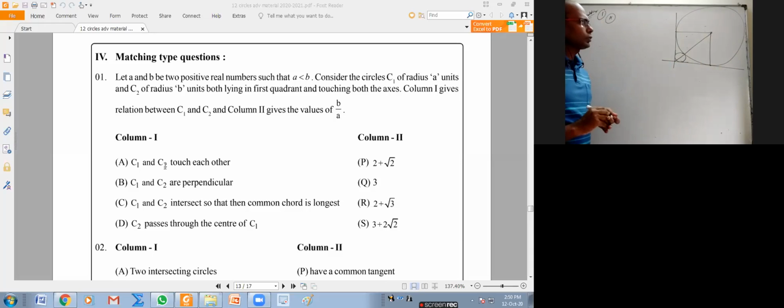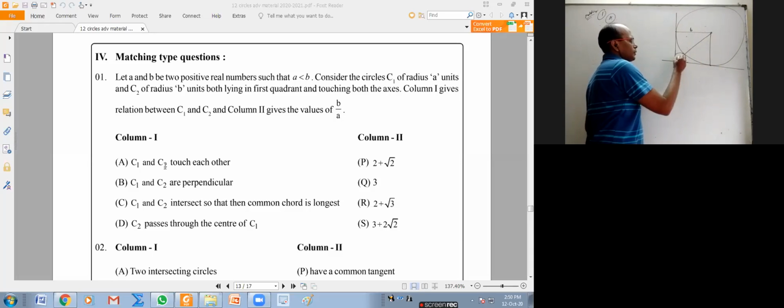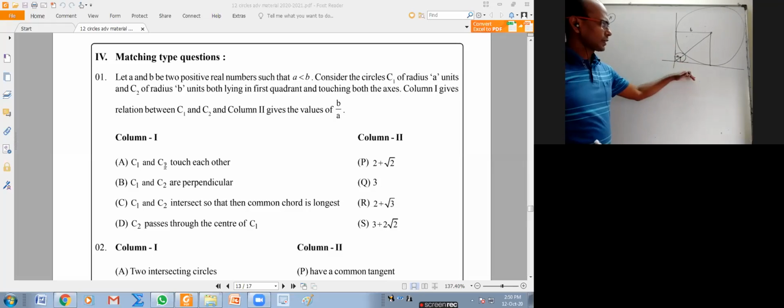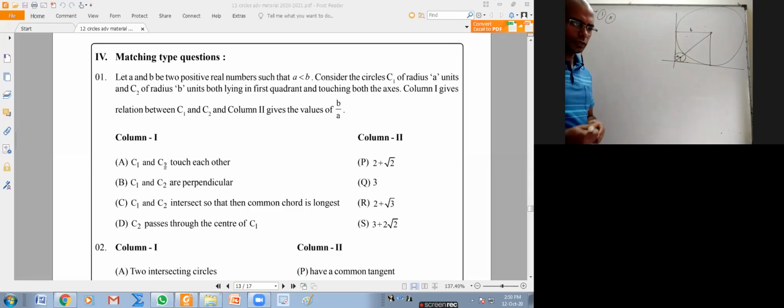So this circle is of radius B and this circle is of radius A. Both are touching the x-axis and y-axis, and they're touching each other. Then what is B by A? That is the question. Similarly, other questions are of the sort.